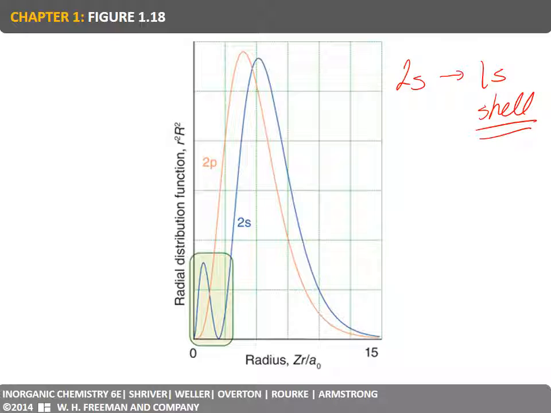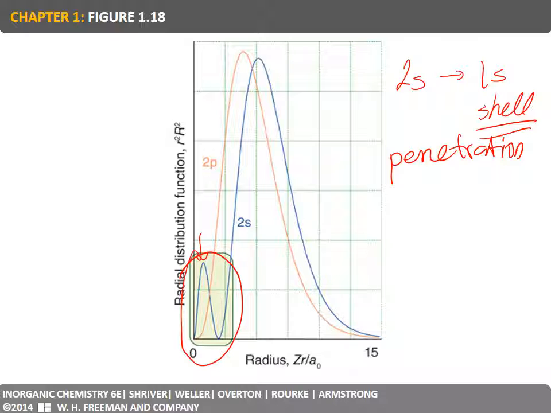Now, think about what happens. The electron does not occupy the 1s, but it can be within this probability distribution. So the potential of this occurring is known as penetration. Okay? The penetration in this graph is highlighted here.